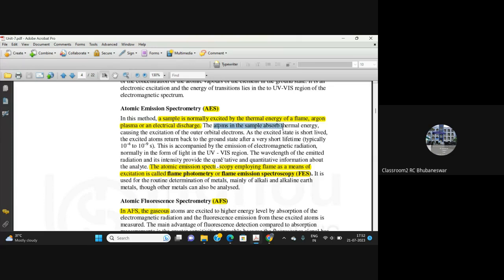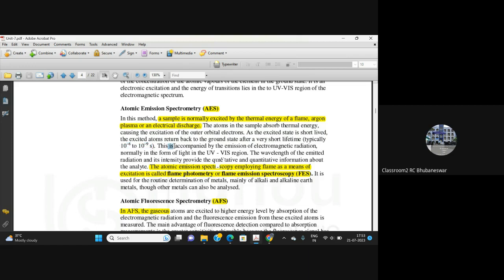causing excitation of the outer orbital electrons. As the excited state is short lived, the excited atoms return back to the ground state after a very short lifetime, typically about 10 power minus 6 to minus 9 seconds.